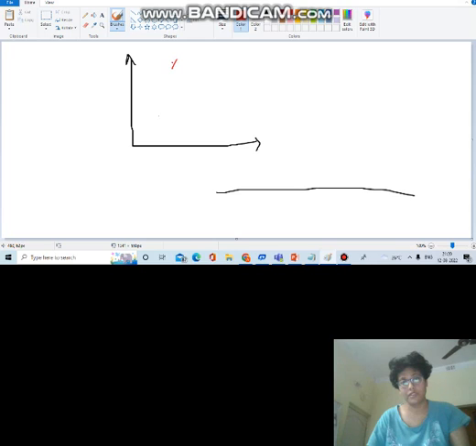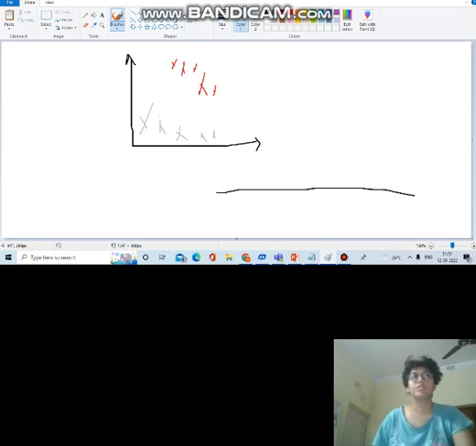Suppose there is some cluster, and there is another cluster. The first thing in the k-means clustering algorithm is that we have to choose the centroid value.